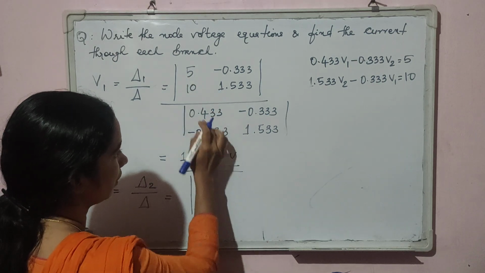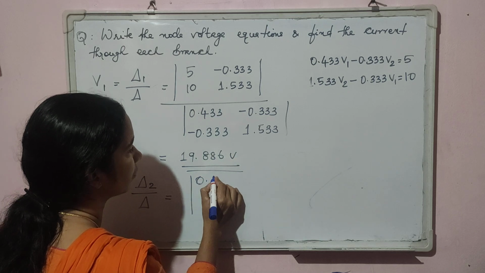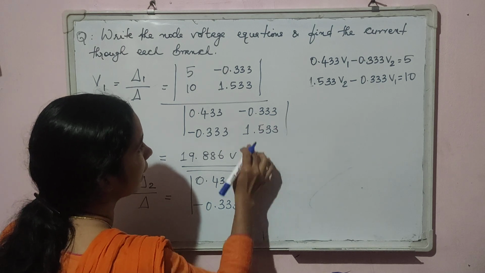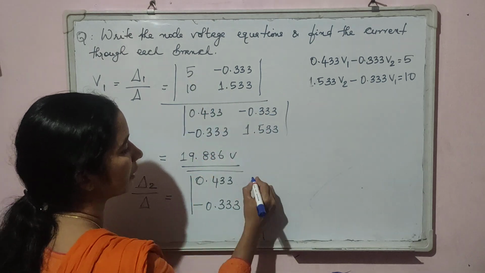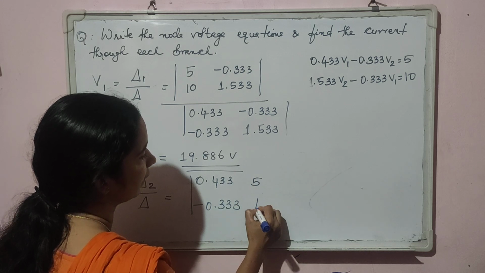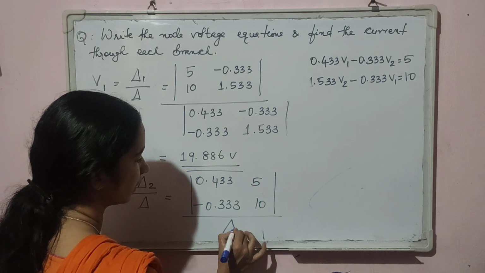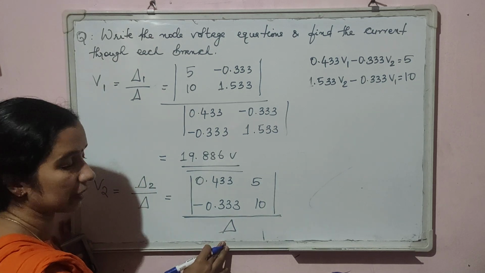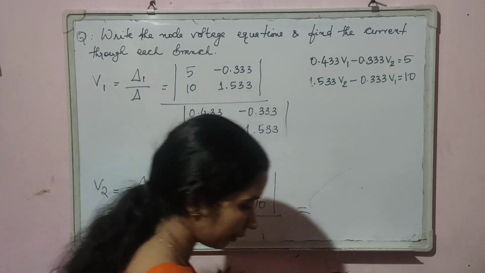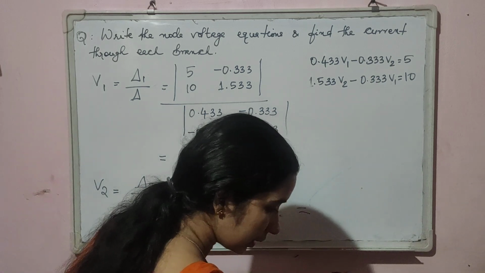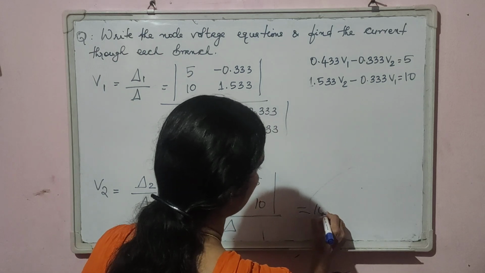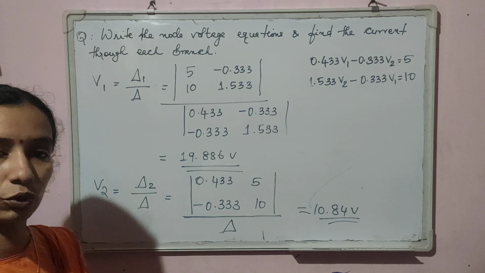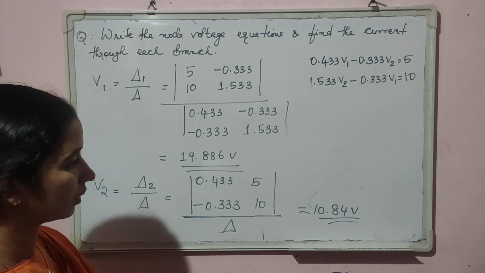So the first column is as such, that is 0.433, minus 0.333, and instead of the second column, write the constant matrix, that is 5, 10, divided by delta, the determinant of the original coefficient matrix. The answer will be, the value of voltage at node 2 will be 10.84 volt. Okay, so we got the values of V1 and V2, the voltages at node 1 and node 2.